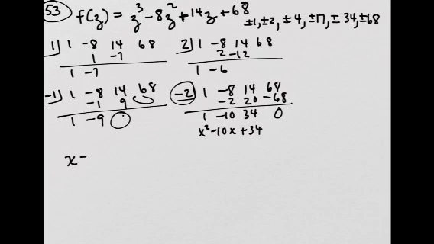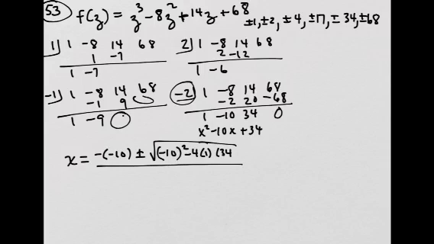So x equals negative b plus or minus the square root of b squared minus 4 times a times c all over 2a.